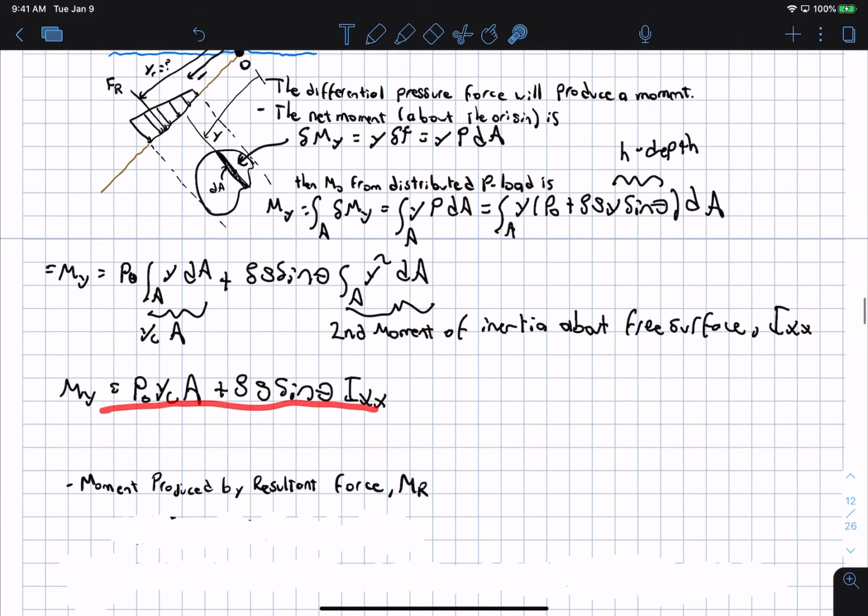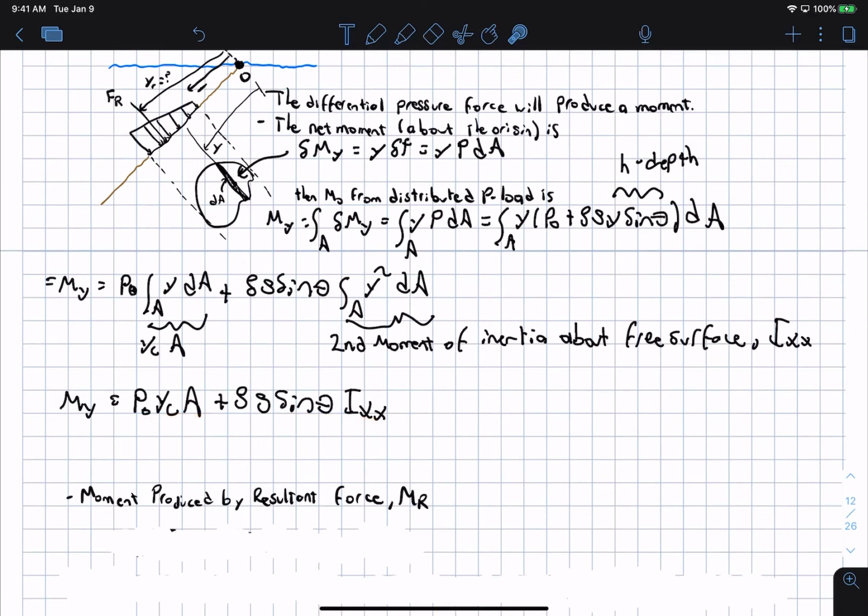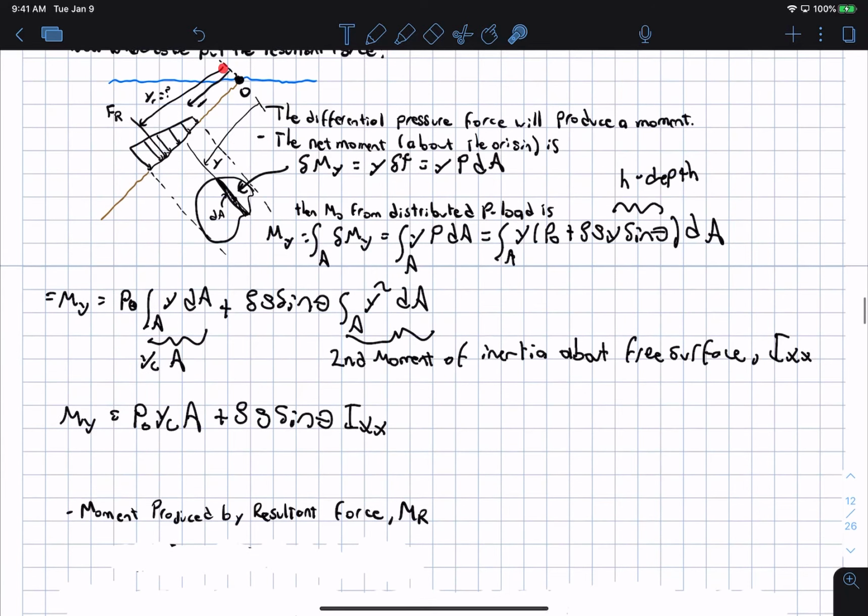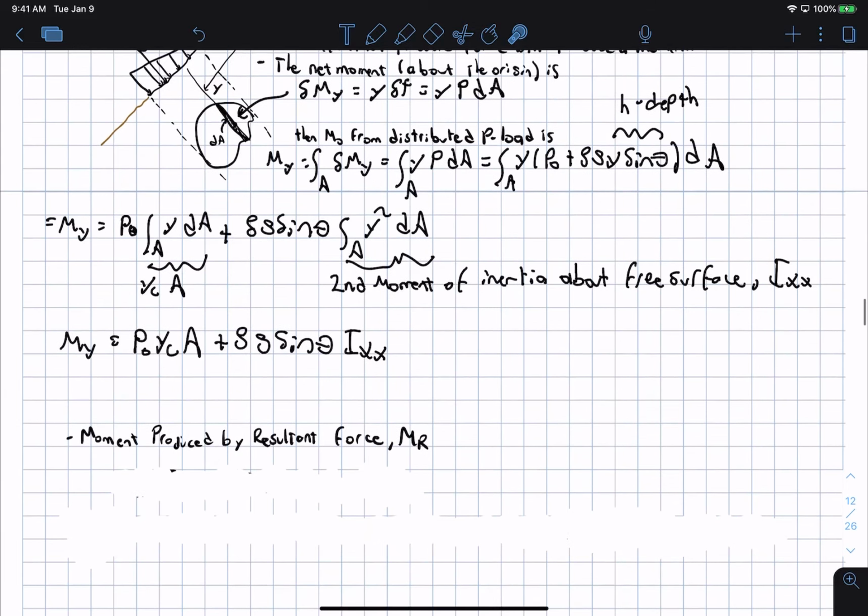Now to find where to put the resultant force, we know the magnitude, and we just want to find where to put it. We want to find this y value of where to put it by basically setting F_R, this moment here, equal to F_R times y_R, which is the same moment.